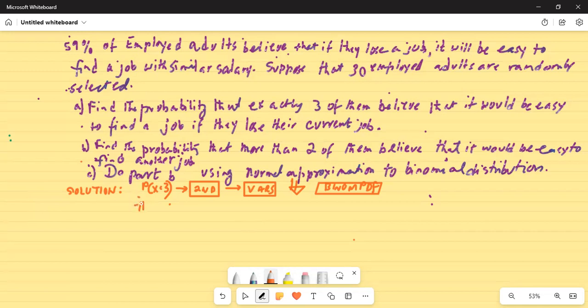number of trials they're asking for. And that's your N. That is equal to 30. Your P, probability of success, is 0.59. Your X value is exactly 3.